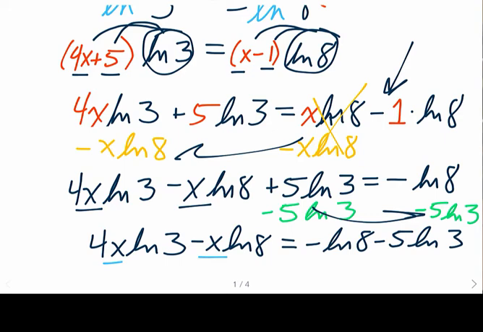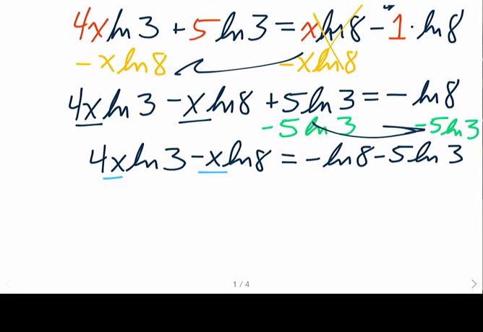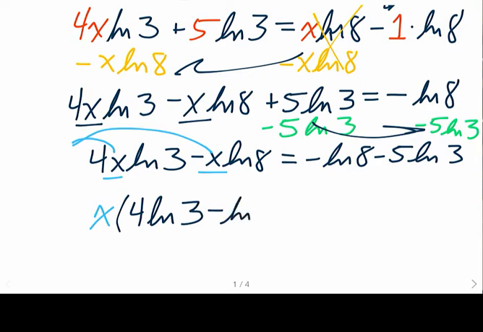And the reason that we want to do that is because now we can factor the x out of the left-hand side, you see. And when I factor it, I have x times the quantity of 4 times the natural log of 3 minus the natural log of 8 is equal to negative natural log of 8 minus 5 times the natural log of 3.